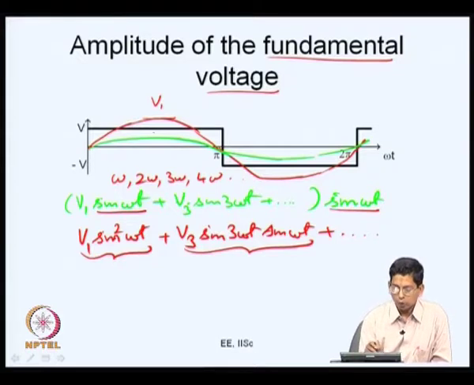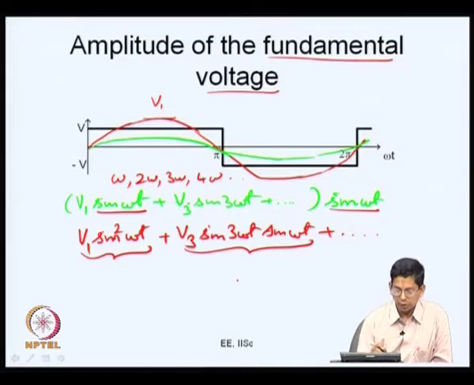So, how to get this, what you need to do is, you take the given waveform, you multiply it by sine of the same frequency, and the sine can be unit amplitude. Now, what is the phase of the sine? In this case, the sine is defined as sin omega t.